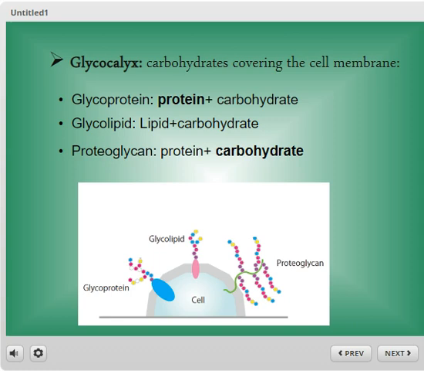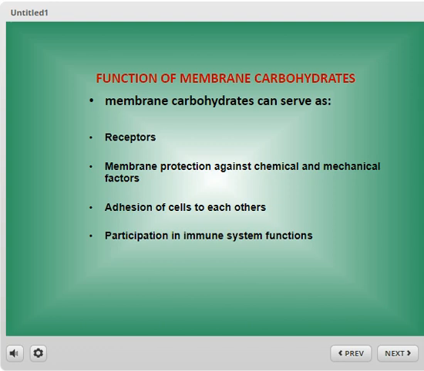All of the carbohydrate on the outside surface of the cell membrane is called glycocalyx. The carbohydrates can serve as receptors and membrane protection against chemical and mechanical factors, can cause adhesion of cells to each other, and participate in immune system function.